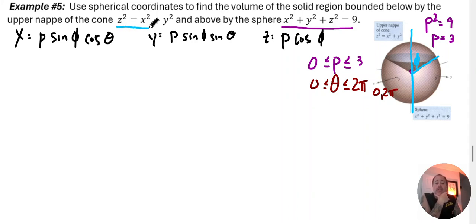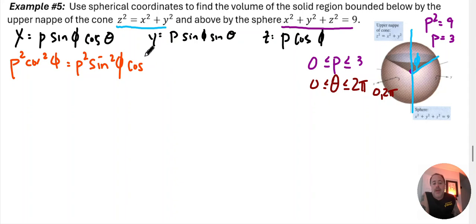They give us the equation z squared equals x squared plus y squared, so we'll use this equation and our conversion equations to figure out phi. z squared is rho squared cosine squared phi, which is equal to x squared, which is rho squared sine squared phi cosine squared theta, plus y squared, which is rho squared sine squared phi sine squared theta.